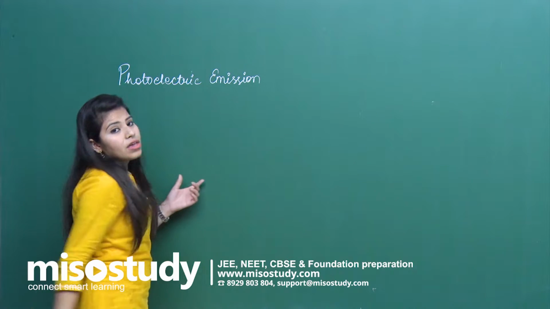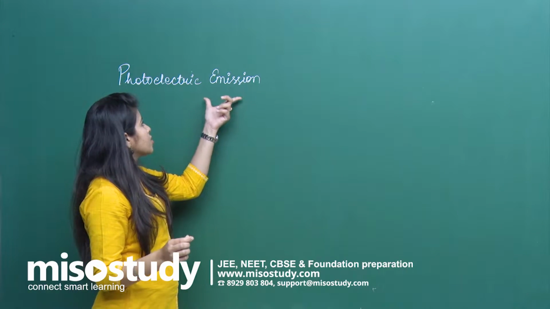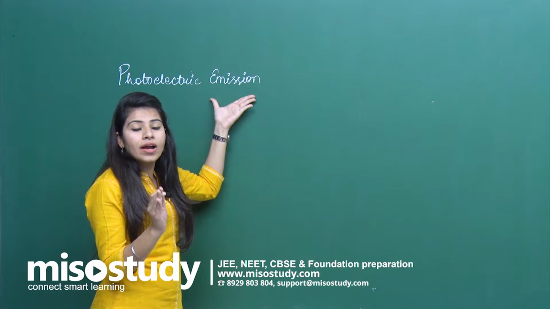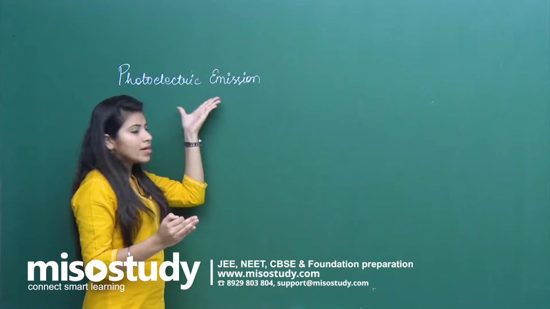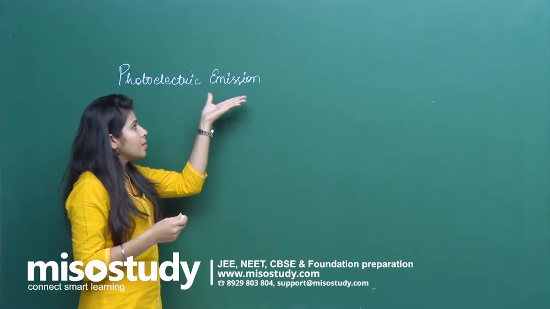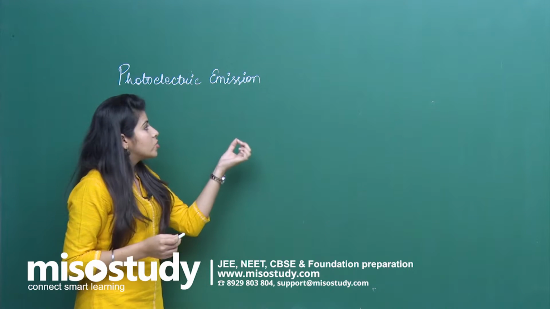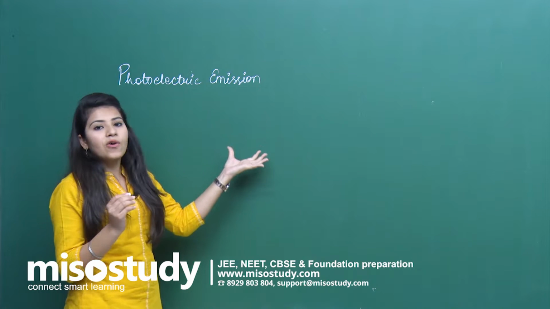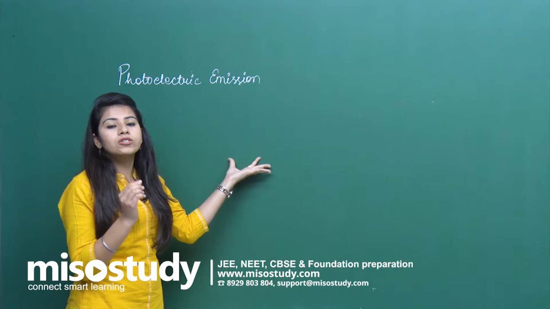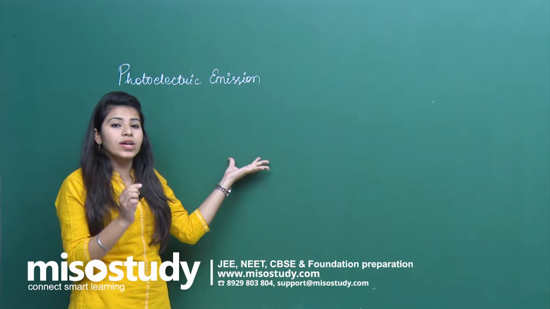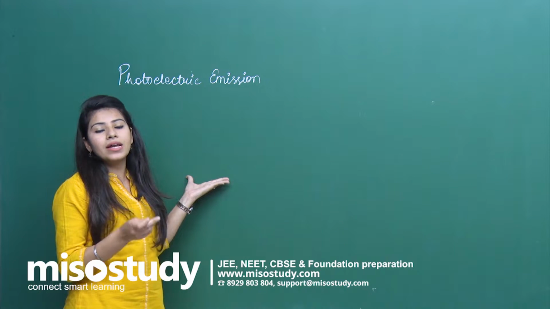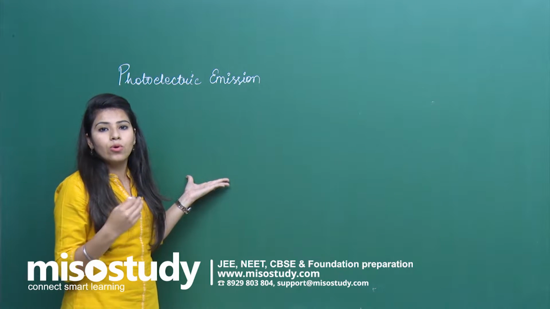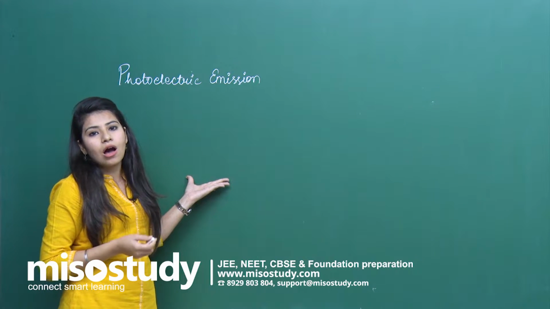Now, if I am asking you what the photoelectric emission is, I think you are now able to answer me what the phenomenon behind emission is. You can tell me that, ma'am, whenever radiation of frequency greater than the threshold frequency falls upon a metal surface, then instantly the electrons are ejected or emitted out of it.